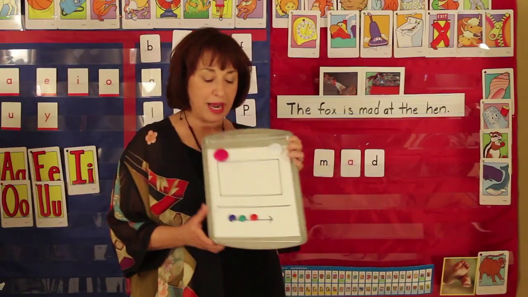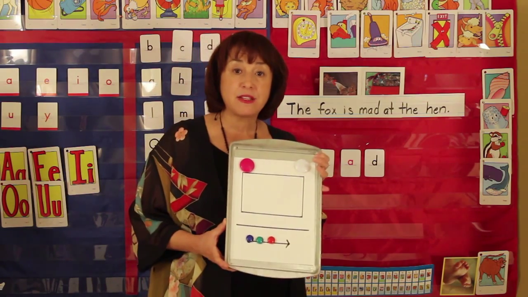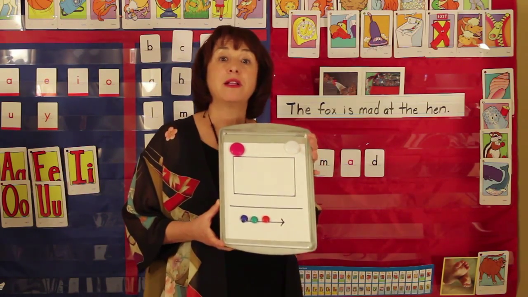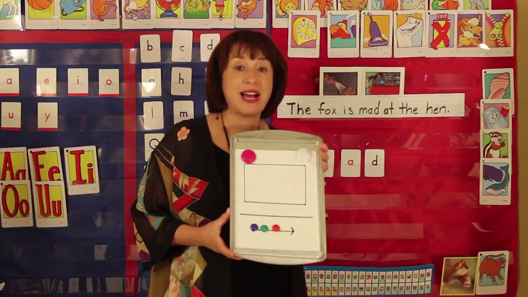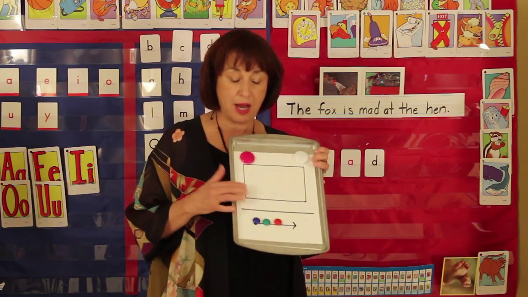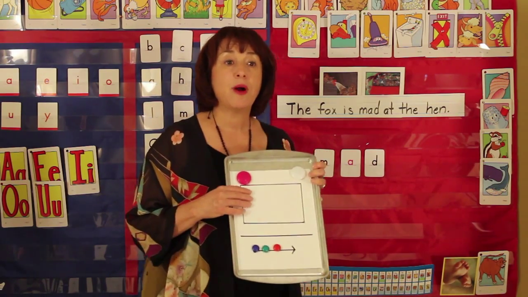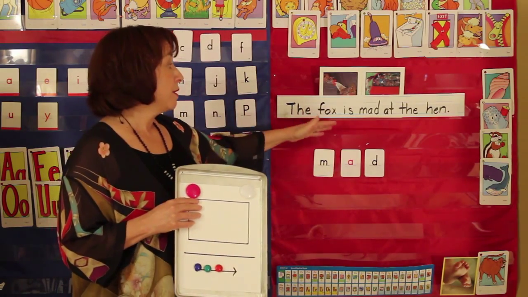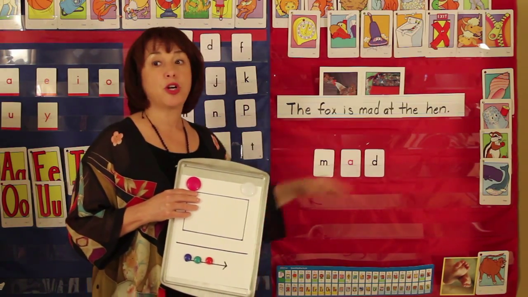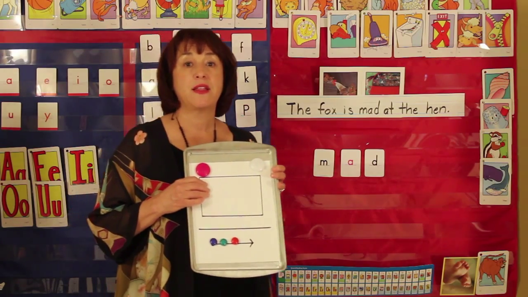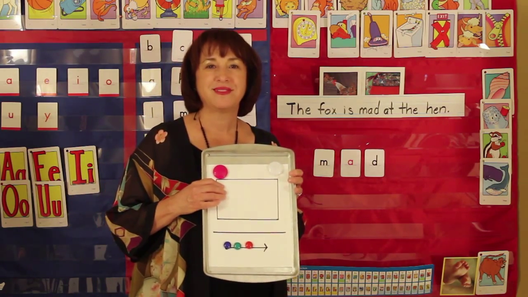Mad. Now what I have done is practiced phonemic awareness at the level of hearing the sounds in the words using concrete objects. Later on, that's going to help a child to be able to decode a word in a sentence that is unfamiliar.